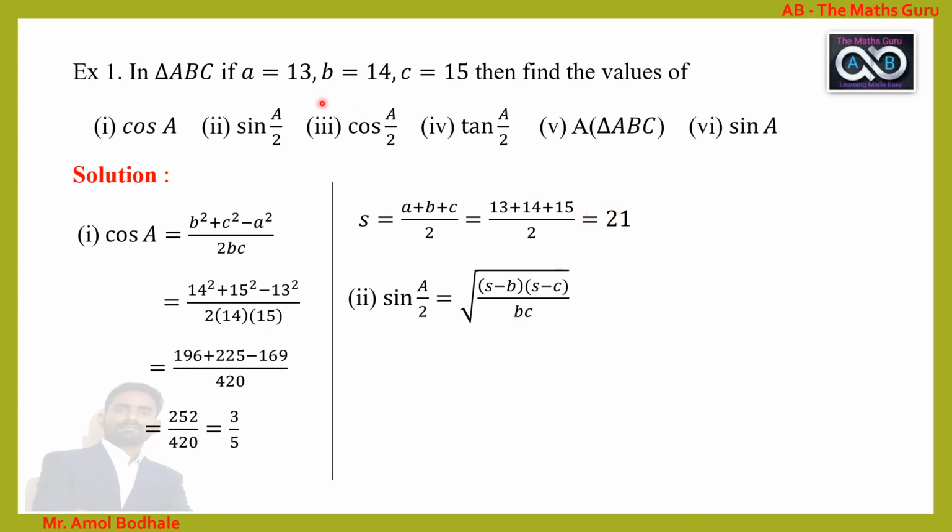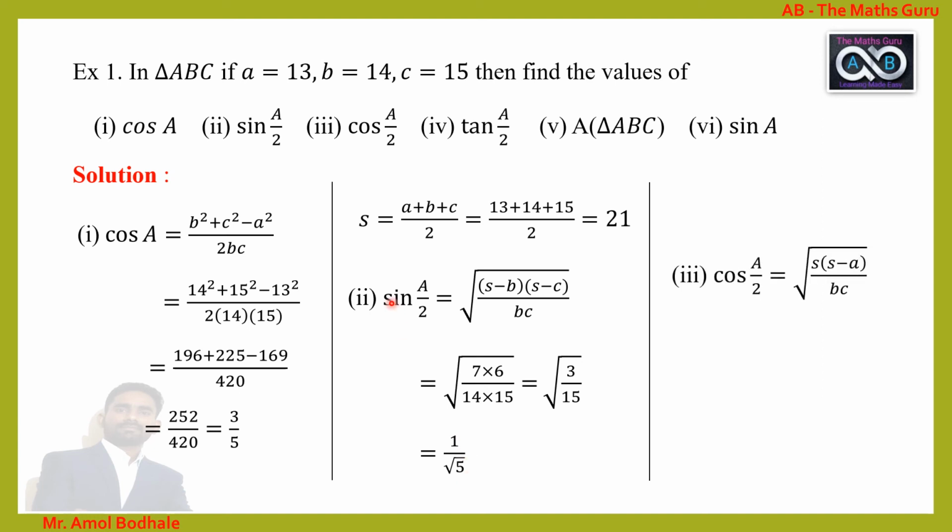Here s is 21, b is 14, so s minus b is 21 minus 14, that is 7, and s minus c is 21 minus 15, that is 6, upon b that is 14, c that is 15. Here 7 ones are 7, 7 twos are 14, and again we can cancel, 2 threes are 6. By simplifying, we get 3 upon 15. So 3 ones are 3, 3 fives are 15, so we get square root of 1 upon 5, that is 1 upon root 5.